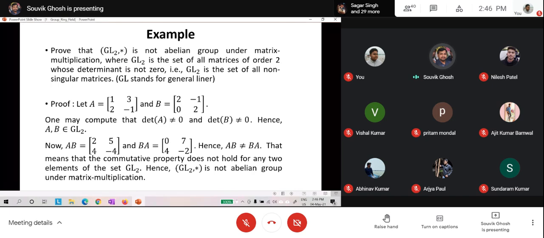It doesn't hold, that is, multiplication is not commutative in matrix operation. So this GL2 star is not an abelian group. Is it clear? Yes, sir. But you can check that this GL2 star will be a group.